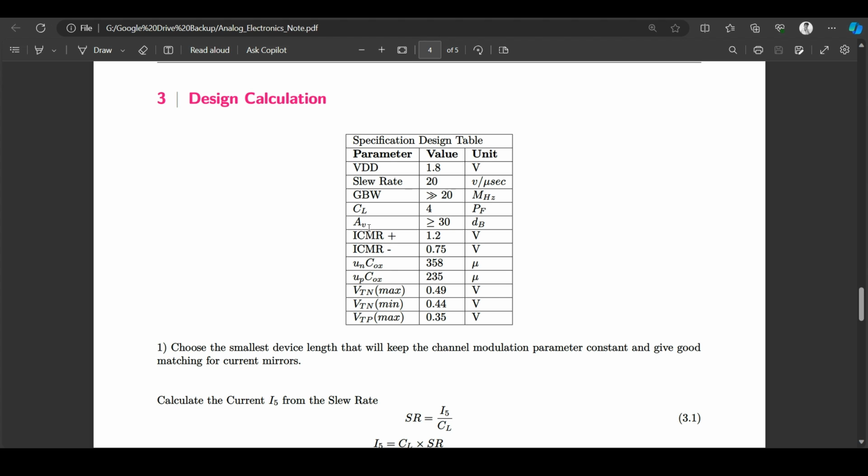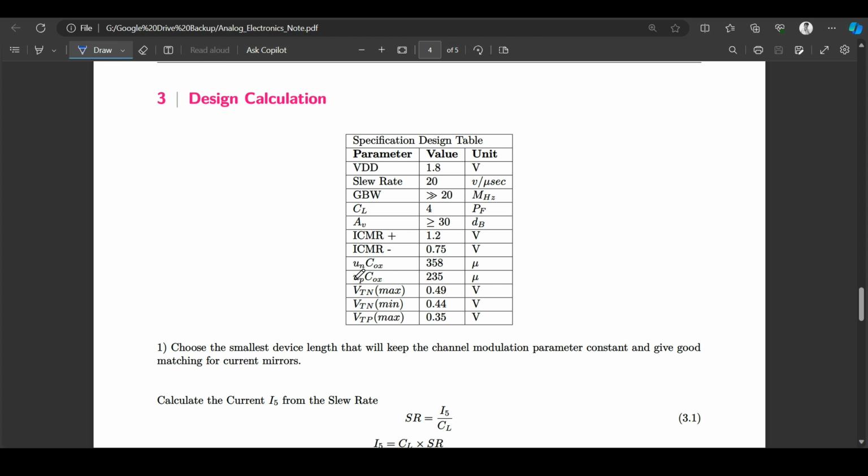Our estimated gain will be greater than 30 dB, and the maximum ICMR is 1.2 volt, and the minimum ICMR is 0.75 volt.